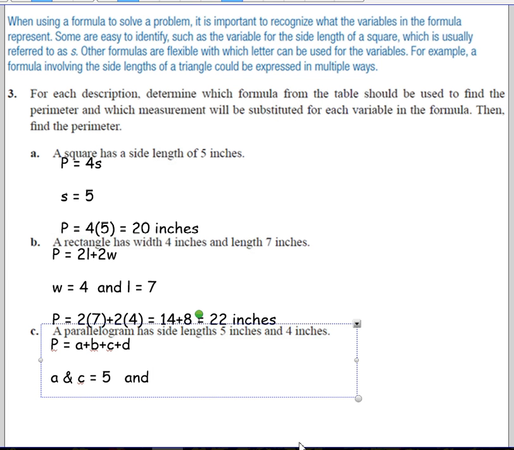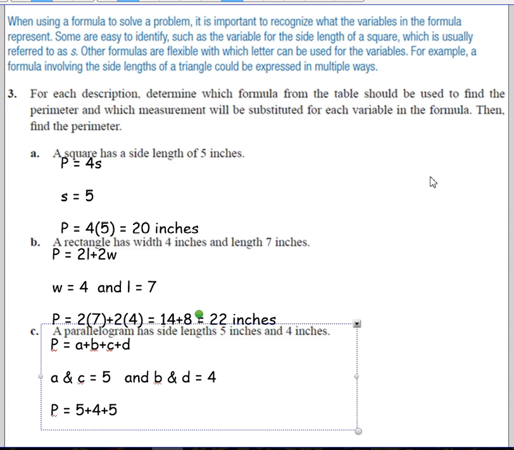And then our B and our D value will be the second number they give us, which is 4. If we plug those into our formula, perimeter equals A, 5, plus B, 4, plus C, which is 5 again, plus D, which is another 4.